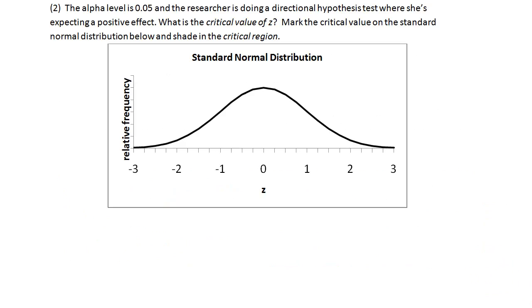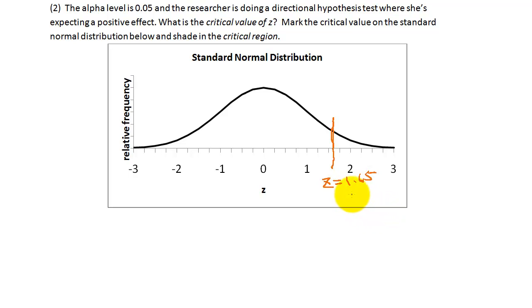Okay. Let's look at the second problem. The alpha level is 0.05, and the researcher is doing a directional hypothesis test where she's expecting a positive effect. Where is the critical value of z? If you look at the table, actually I already remembered it. z equals 1.65.